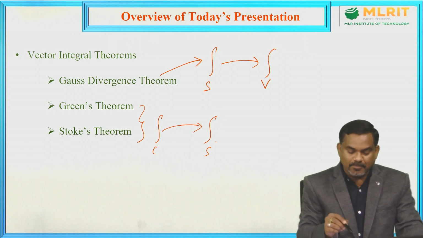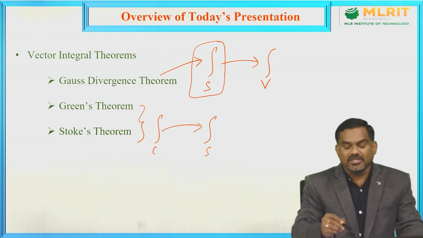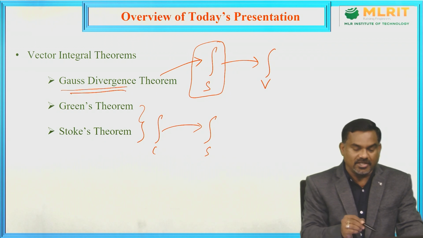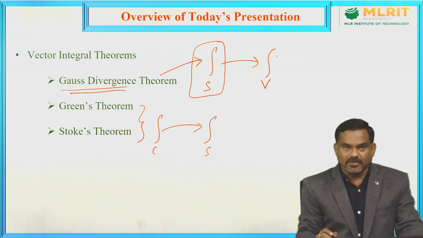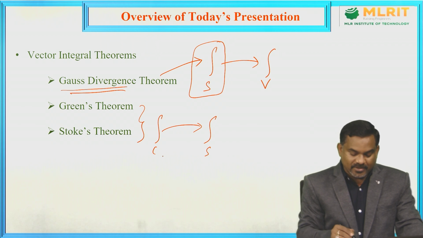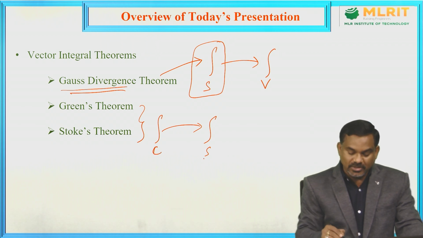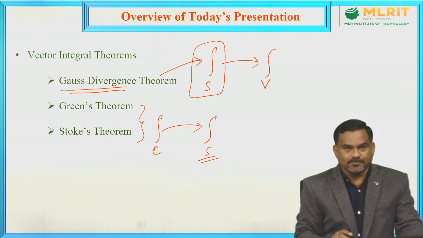For example, if it is required to evaluate a surface integral, we can convert that surface integral into a volume integral using Gauss Divergence Theorem, and then evaluate that volume integral. Similarly, instead of evaluating the line integral, we can evaluate a surface integral using Green's and Stokes theorem.